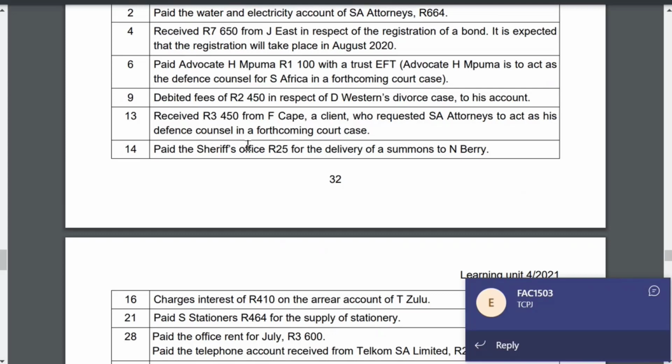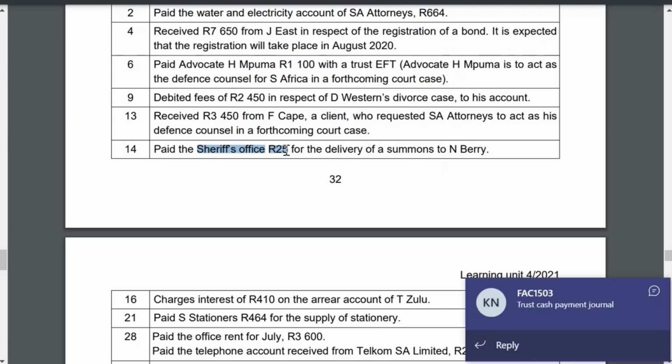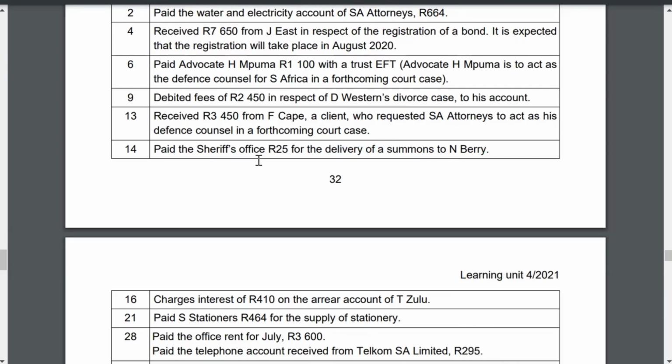So guys, please, when you read these transactions, read them carefully. SA attorneys has made a payment to the sheriff's office of 25 Rand. So in which bank account did SA attorneys pay this sheriff's office 25 Rand for delivery of assignments of Simons?